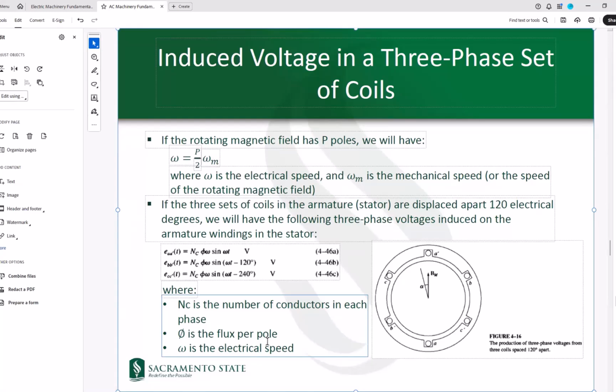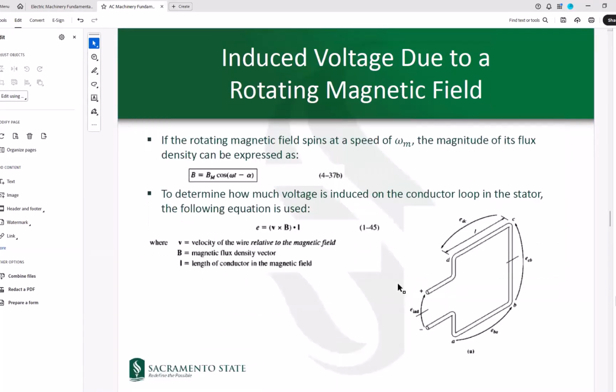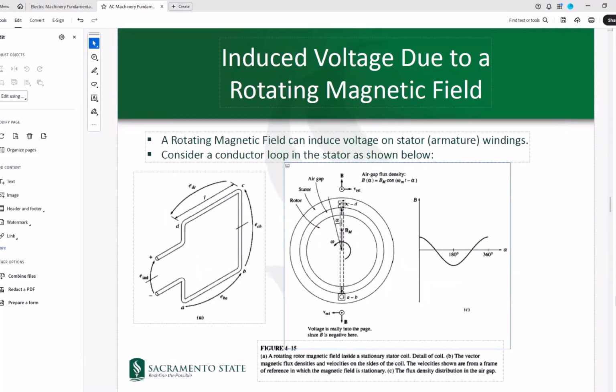Now, we talked about just one coil, and we assumed that coil had NC number of turns, and this would be the induced voltage. Now, assume that you would have not only one slot in here, which is filled with these conductors, but also 2 other slots with 120 degrees phase shifts with respect to this one slot, okay?